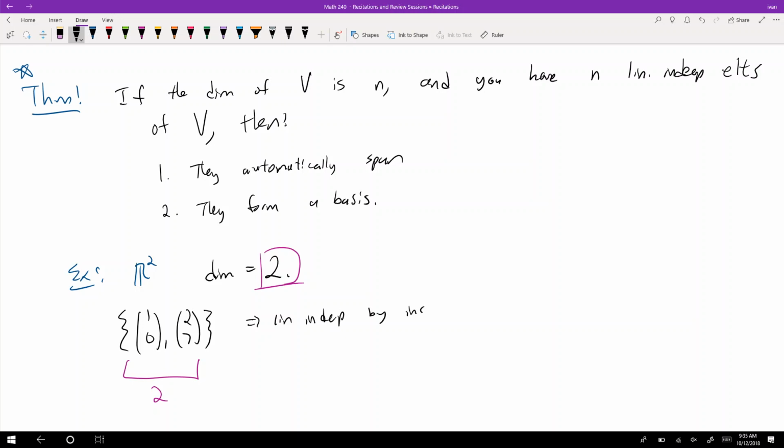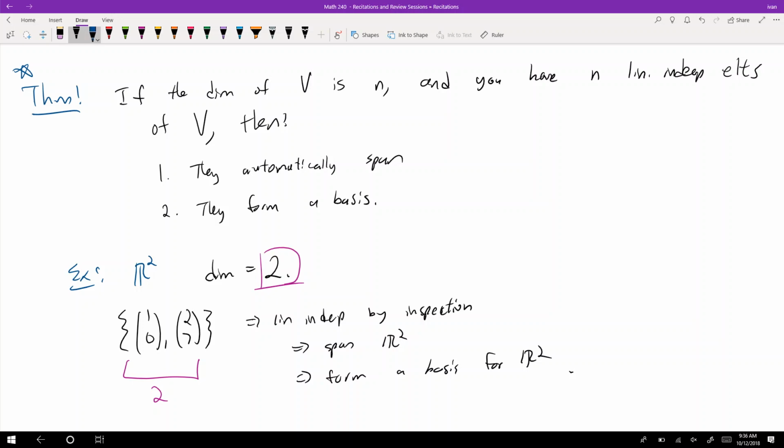By inspection, there's no way you're going to be able to reconcile those 2 vectors to be linearly dependent, and therefore they span R2, and therefore they form a basis for R2. Okay, any questions?